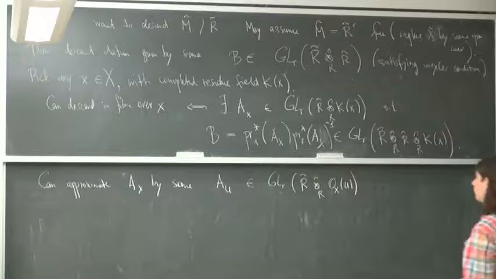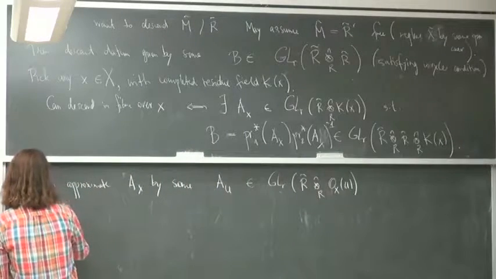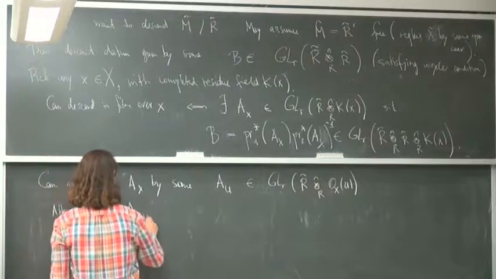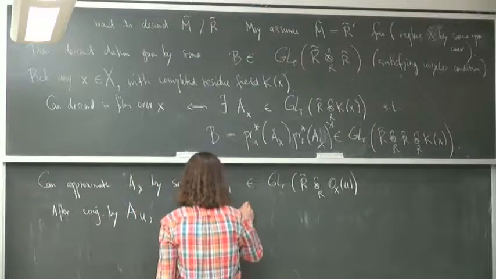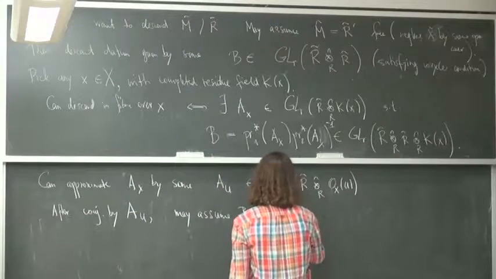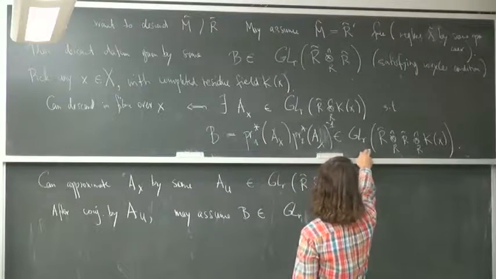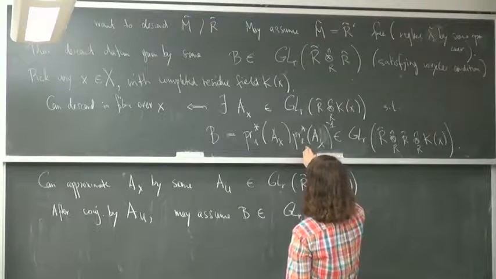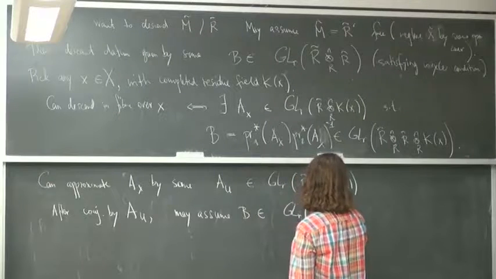And so after conjugating by A_U, we may assume that B actually has integral entries, because after conjugating it has integral entries at x, because there it's 1, or I just approximate it to be close to 1, and then also in the neighborhood.